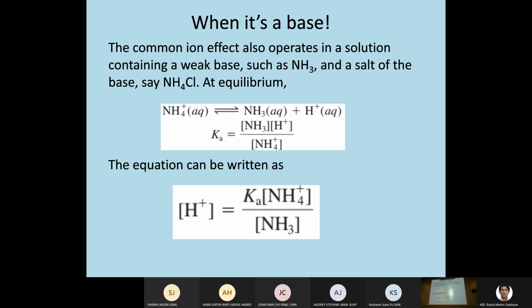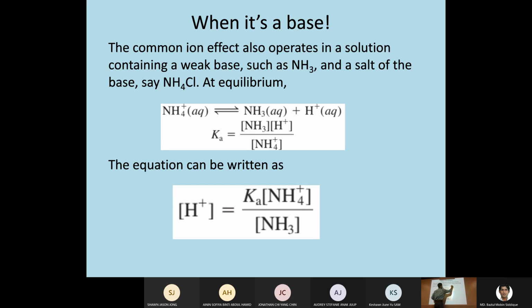In the solution, the base is weak, such as ammonia, and a salt of the base, ammonium chloride. When ammonium chloride is in the system, it produces ammonium and chloride. One step is not shown here.